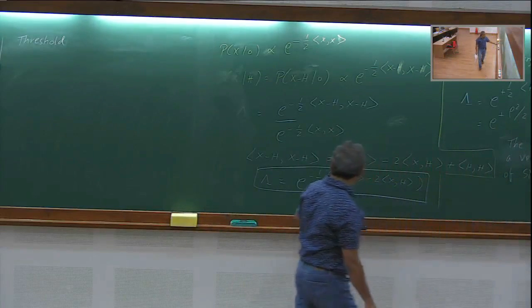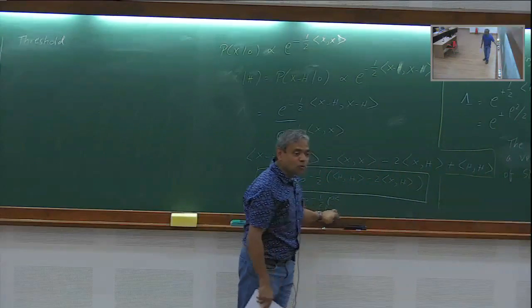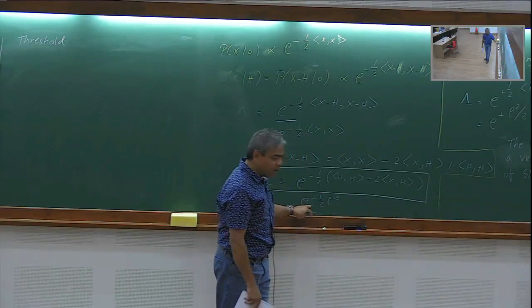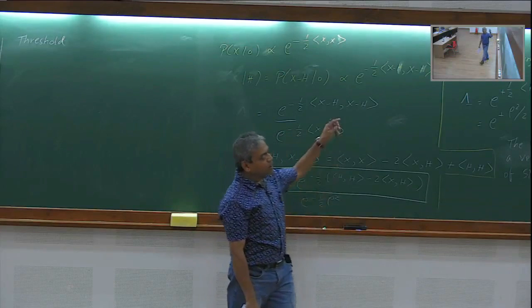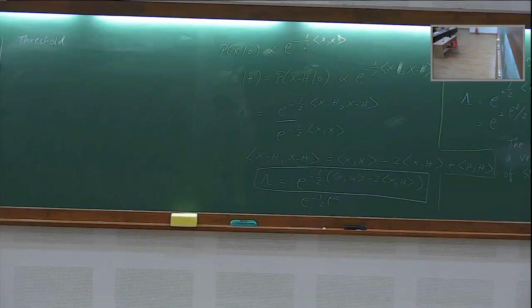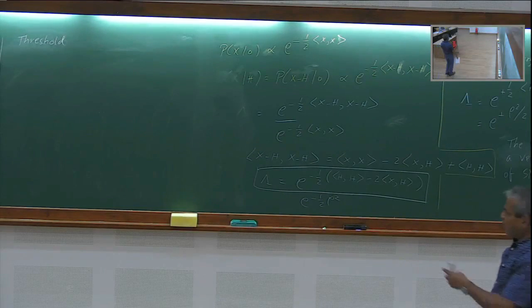In the absence of the signal, it is e to the minus rho square by 2. As a result, this is the false alarm rate. So what we were plotting there was how many events am I seeing at different signal to noise ratios. It's the number of events, not the number of time slides.